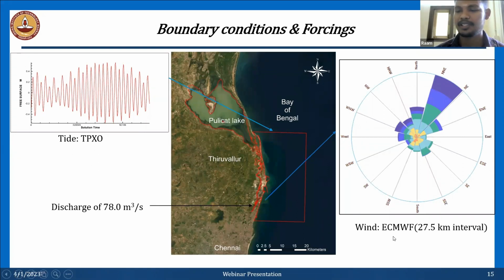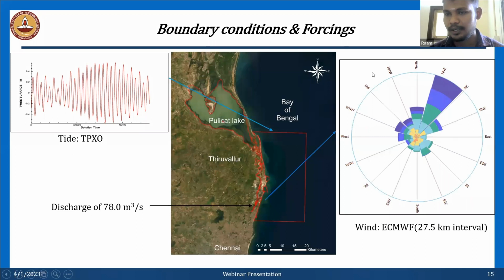This is the organization controlled by the international association, which will give the wind input at each domain. This is a windrose diagram. You might have come across the windrose diagram in our curriculum.